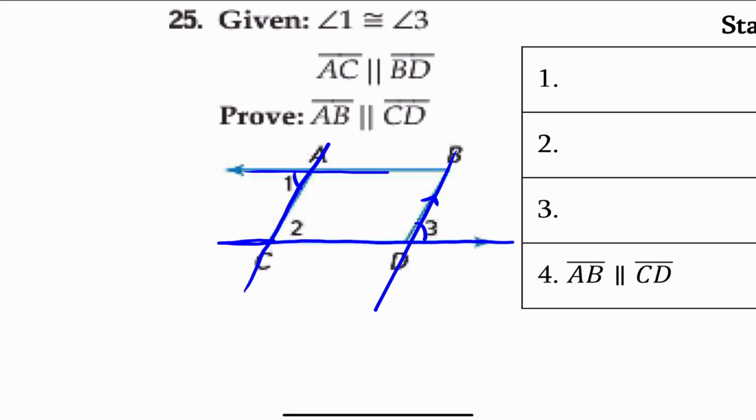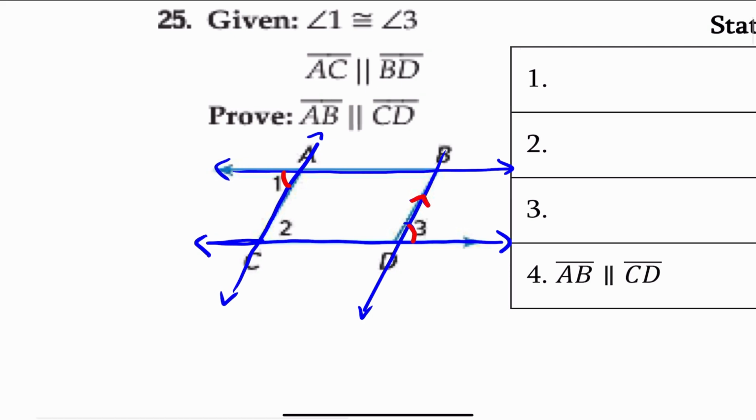So then I can see that I have really parallel lines cut by two transversals, okay? And let me go ahead and just differentiate the colors here. And we said that this segment and this segment are parallel. And my goal here is to prove that segment AB is parallel to segment CD, okay?